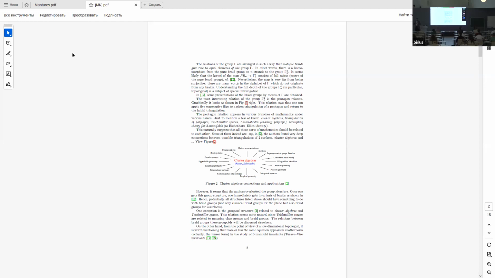We listened to Kashaev's talk about the pentagon equation, and sometimes some objects are very ubiquitous.